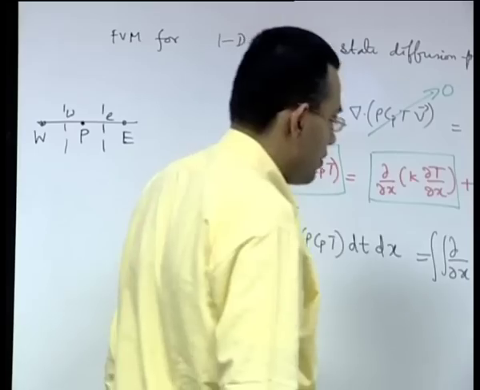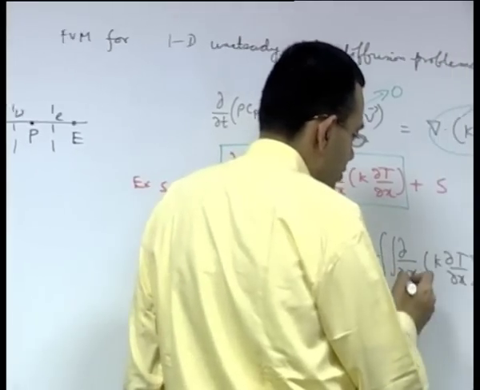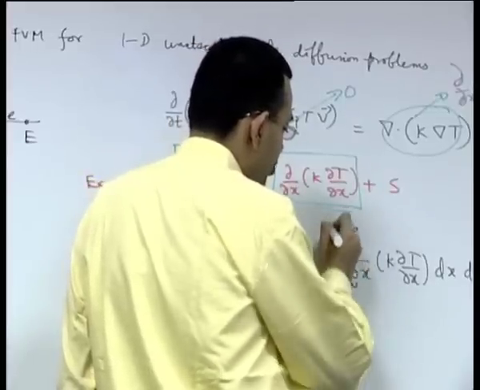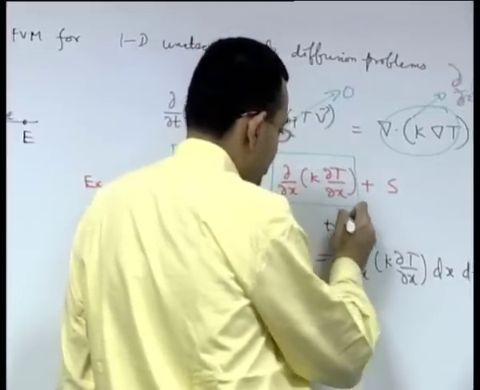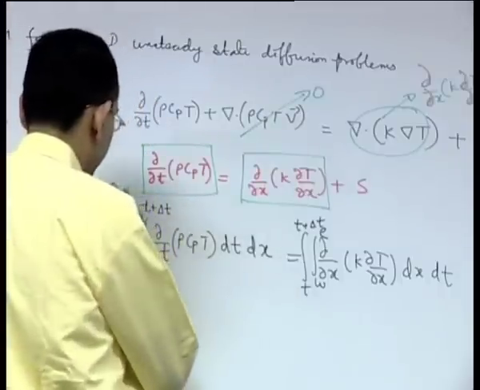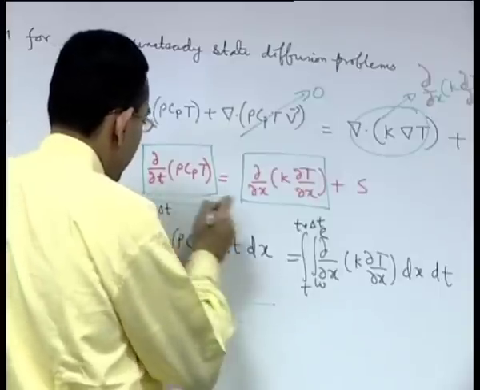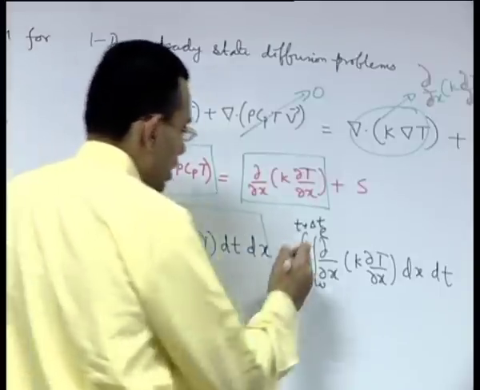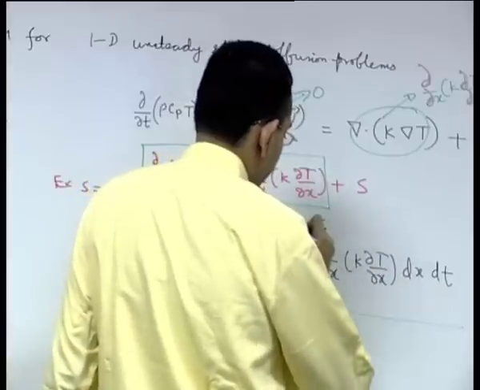Right hand side x domain small w to small e, time domain t to t plus delta t. Let us treat these two terms separately, so that we consider this as term 1 and this as term 2.